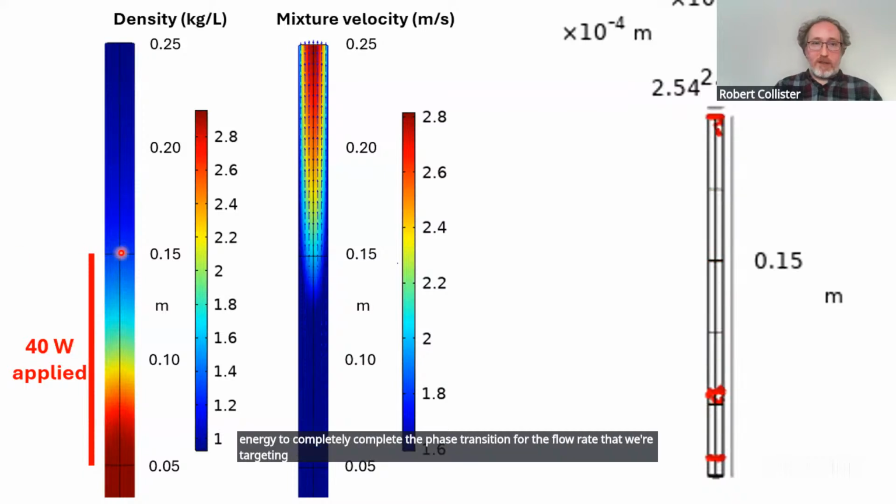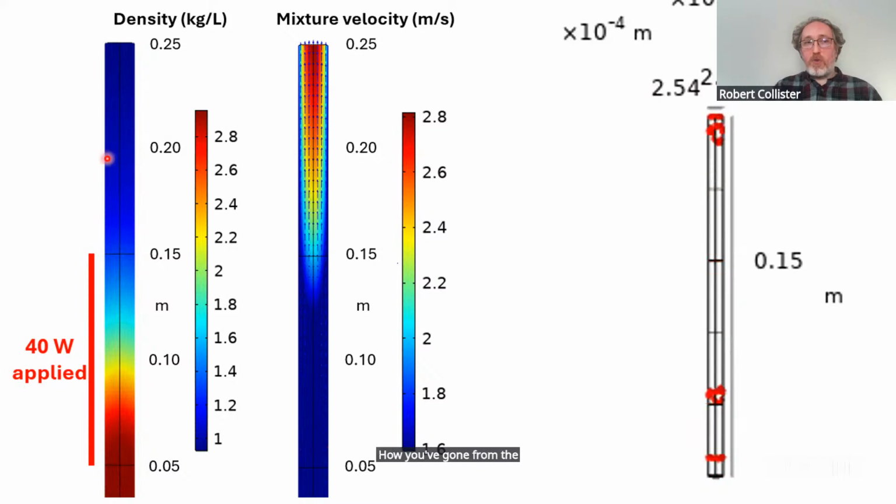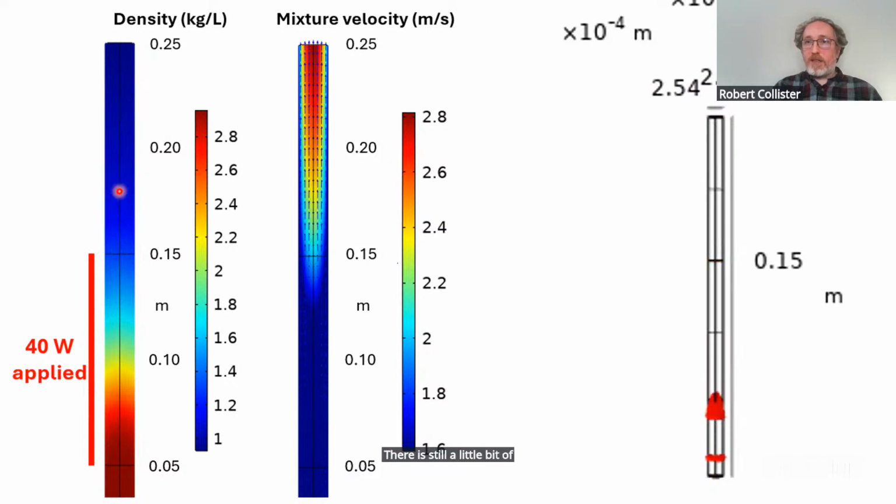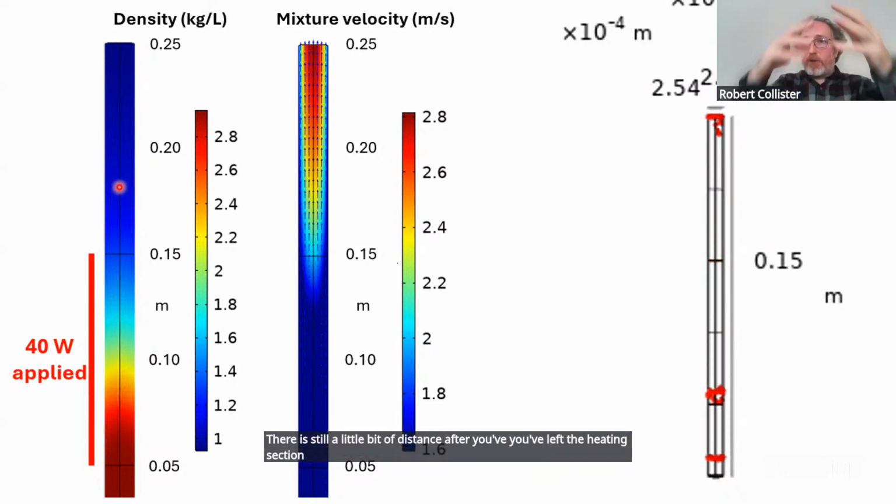This is the density plot showing how you've gone from the denser liquid to the less dense gas. Even where you're applying the heat, there is still a little bit of distance after you've left the heating section where you still have evolution of the phase towards gas.